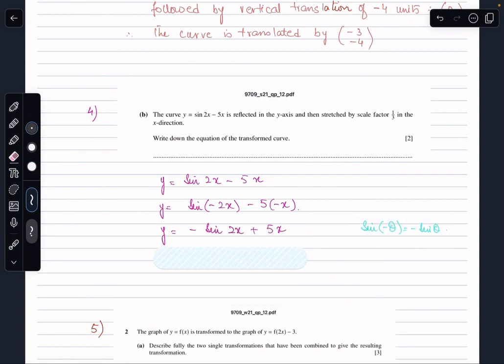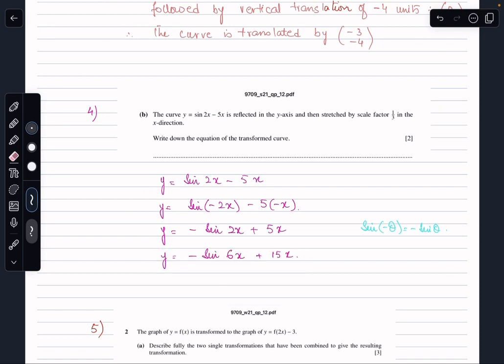There is an identity related to sine of minus theta, which is that sine of minus theta equals minus sine theta. So sine of minus 2x can also be written as negative sine 2x, and then negative 5 times negative x will be a plus 5x here.